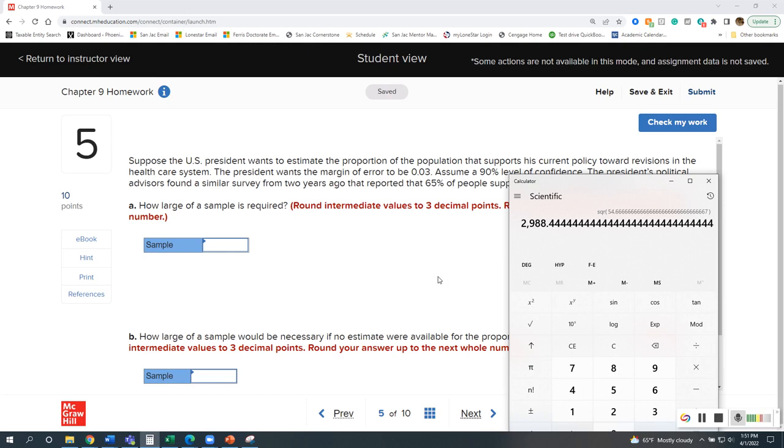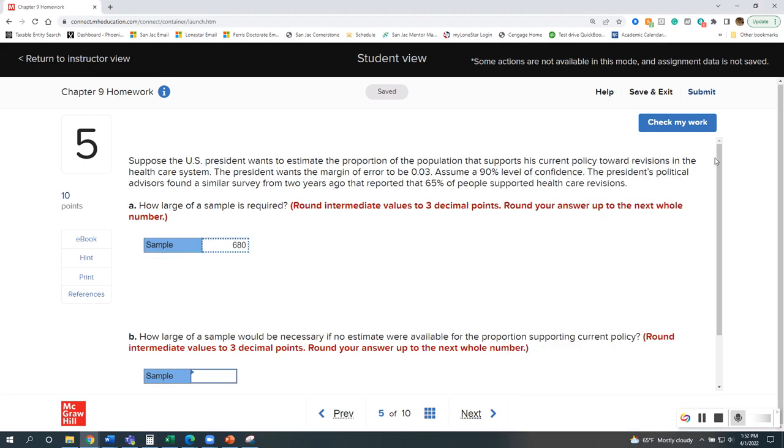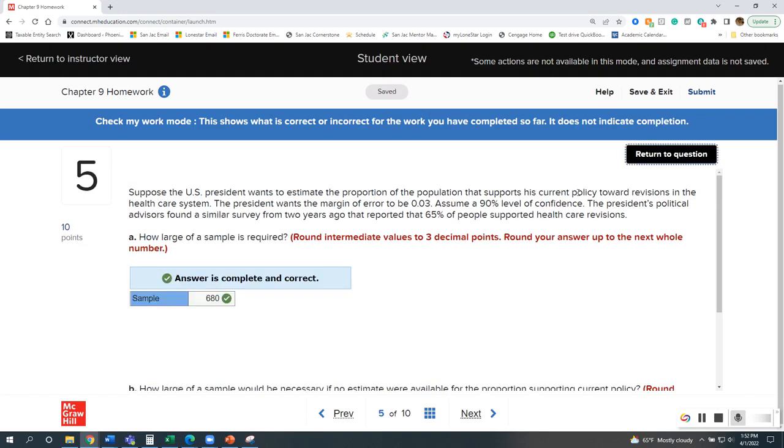Okay, and then we're going to multiply it by 0.65, and then multiply again by 1 minus 0.65. Comes out to 679.87. And again, since we're looking at sample, we're going to have to round it up. Okay. So for us, sample size is 680. Check. There we go.